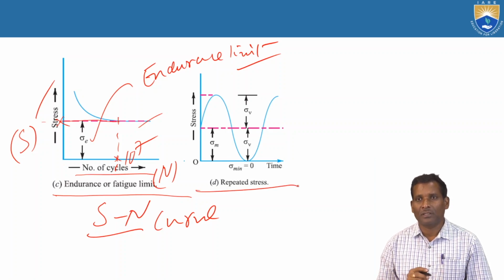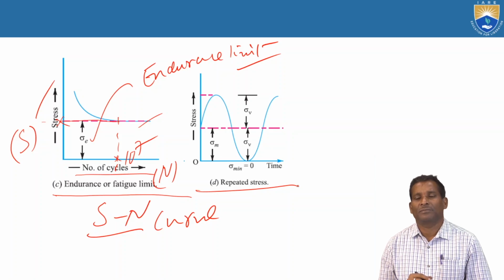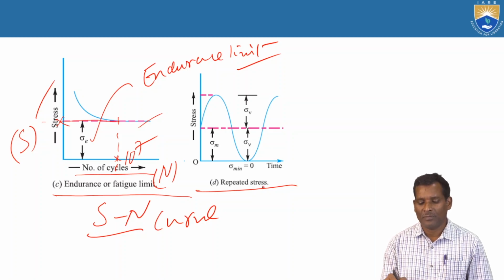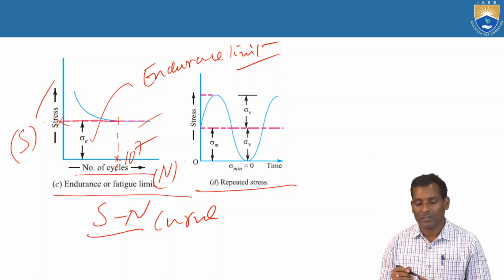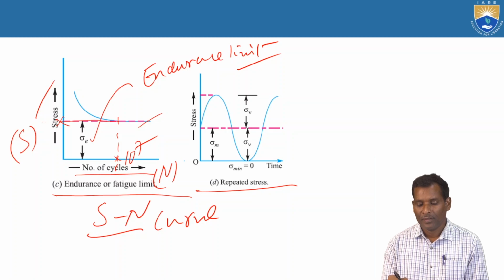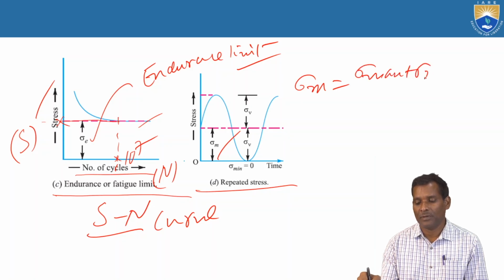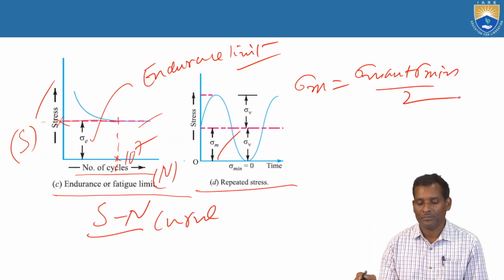Next, coming to the repeated stress diagram, stress versus time. Here the stress varies from minimum to maximum and maximum to minimum. In this repeated stress, there is a mean stress, sigma max plus sigma min by 2.